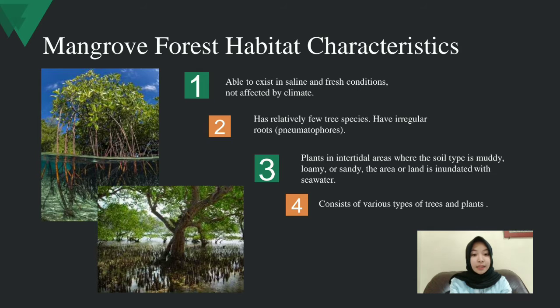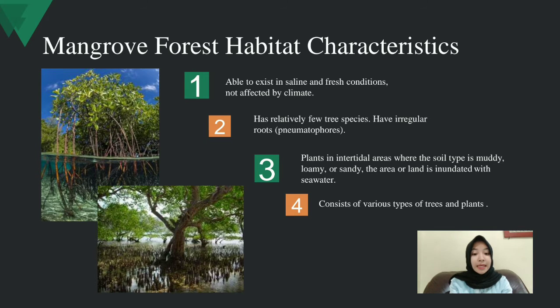For example, the crew and towering roots in Rhizophora spp, mangroves, and pencil-like vertical roots in Sonneratia spp, Pidada, and in Avicennia spp. They have seeds, propagules that are viviparous, which can germinate on the tree, and have many lenticels on the bark of the tree.